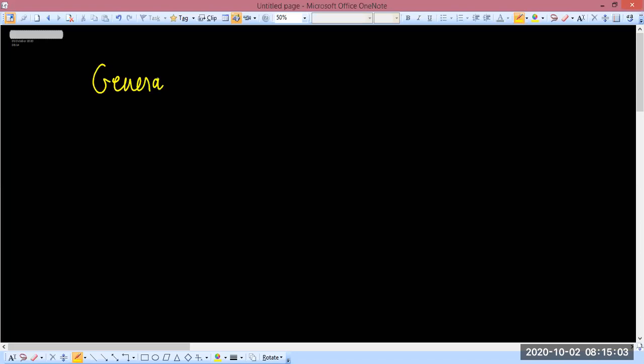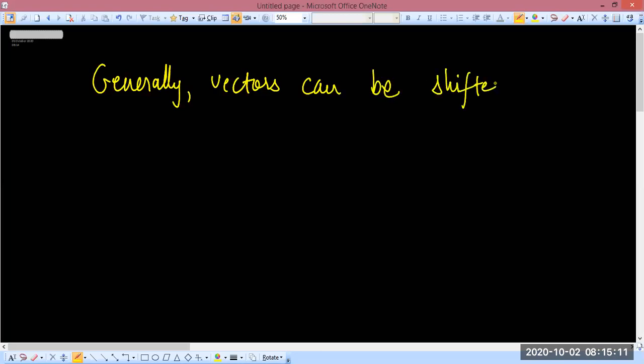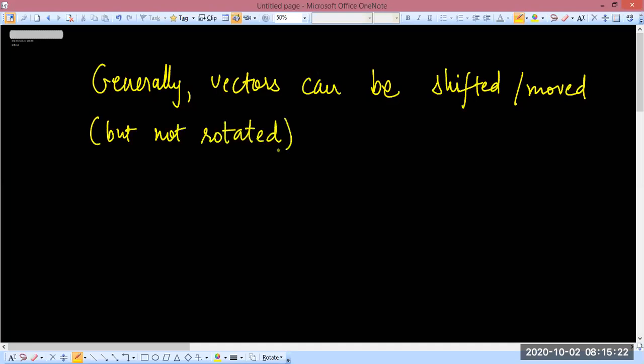Generally, vectors can be shifted, that is moved, but not rotated. Please be careful. Generally, vectors can be shifted or moved without changing their meaning.